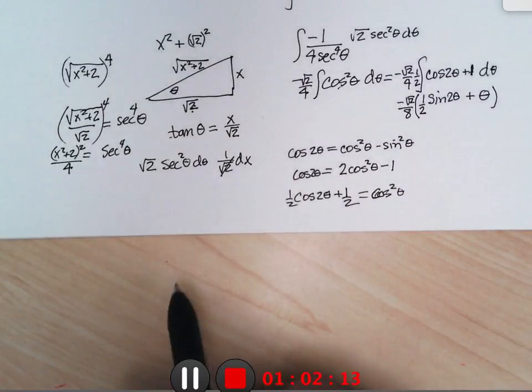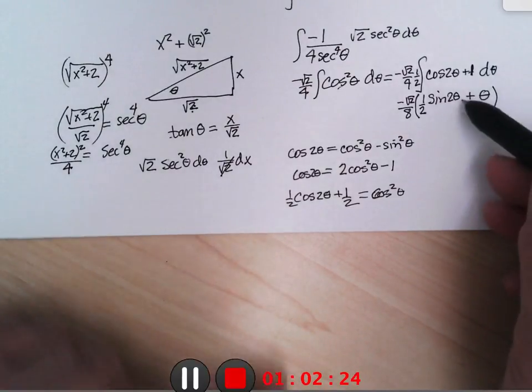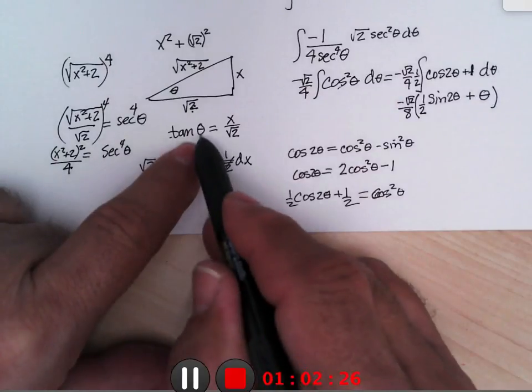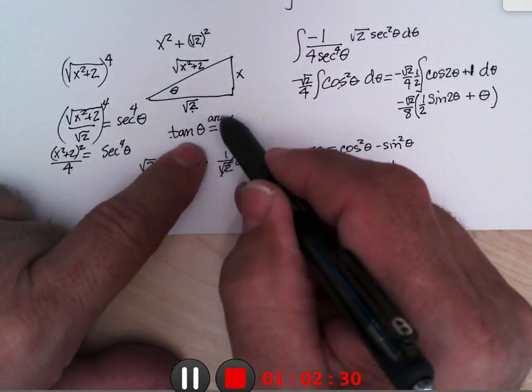Now we got to get back to x's. So theta, going back to here, is the arctangent of this.